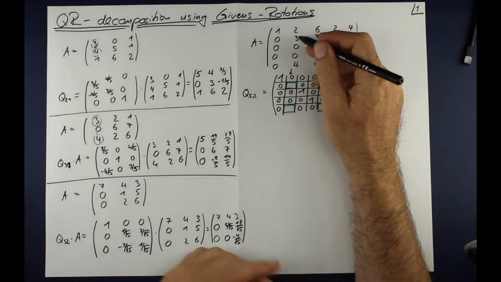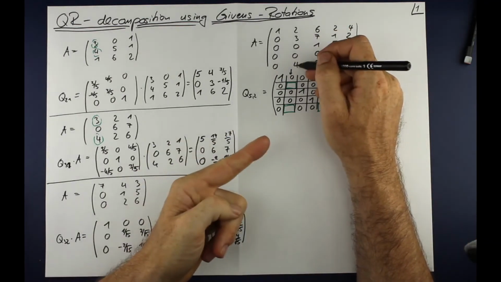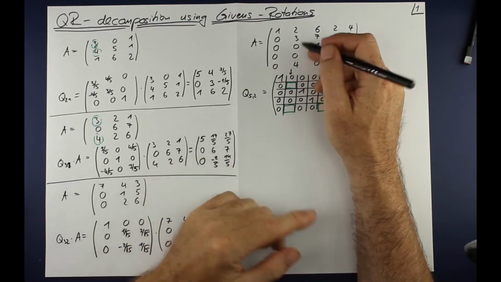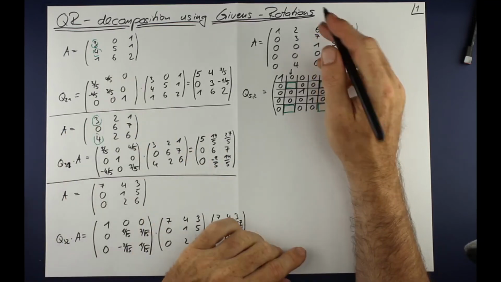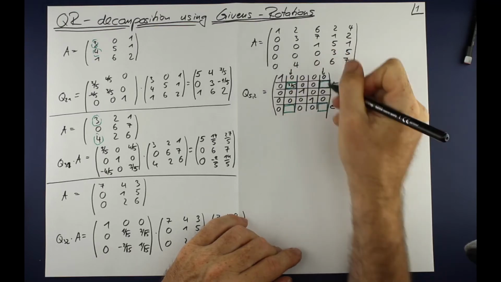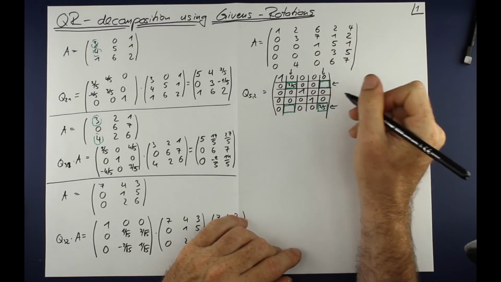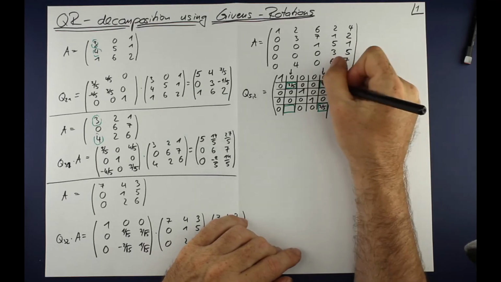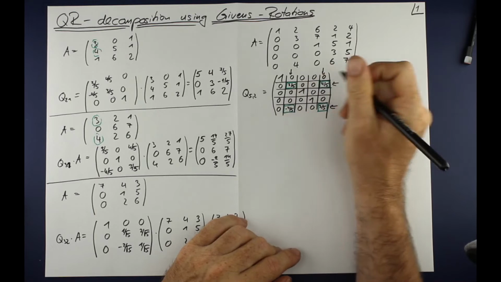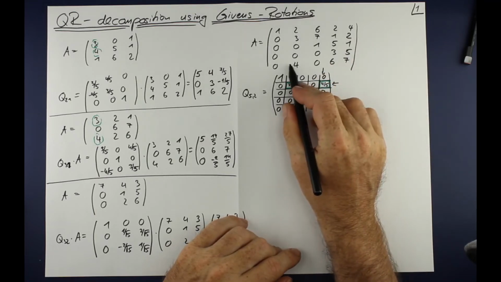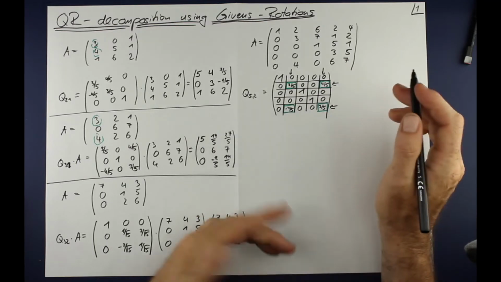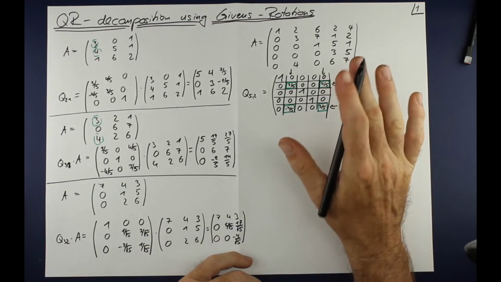We use the square root of 3 squared plus 4 squared, which is 25, and the square root of that is 5. So this entry divided by that length, so it's 3 divided by 5, and 3 divided by 5 here also. And here we have 4 divided by 5 and minus 4 divided by 5. If we had a minus 4 here, then here we would have a minus, and here we would have a plus. Okay, that's the Q matrix.